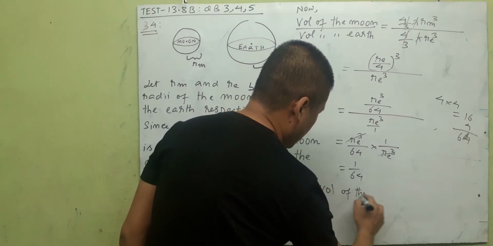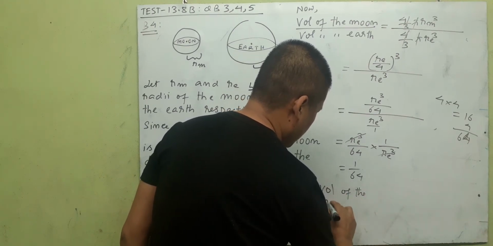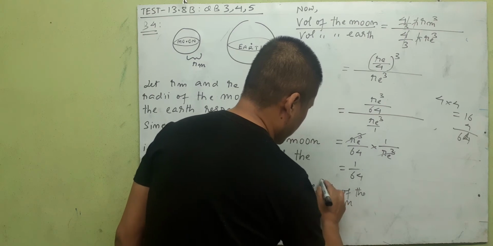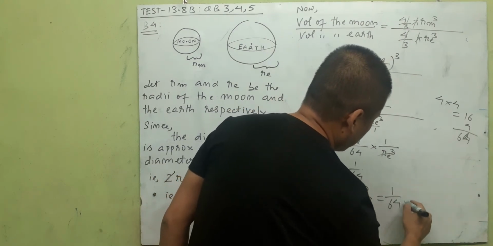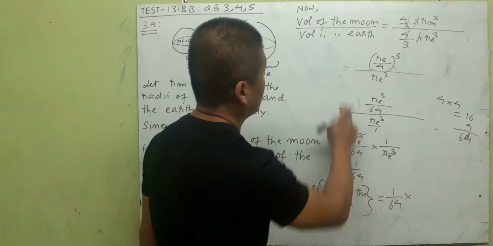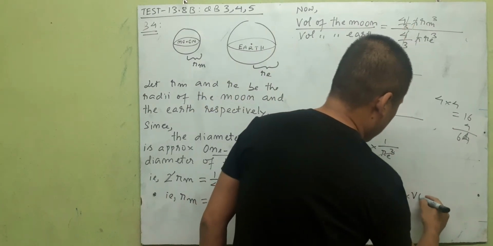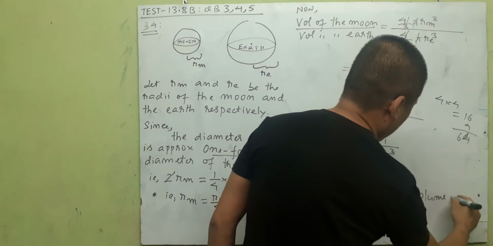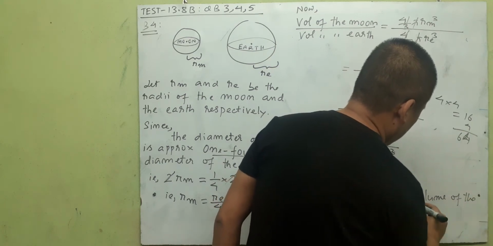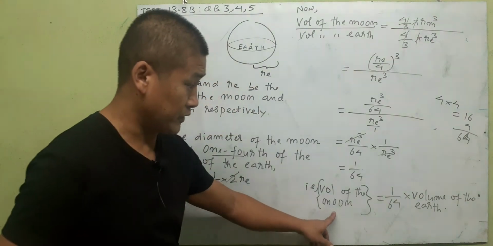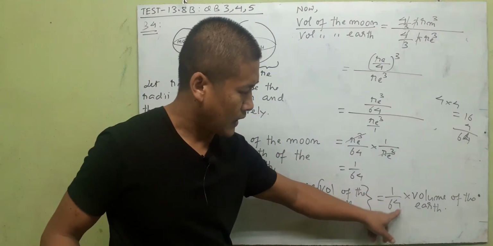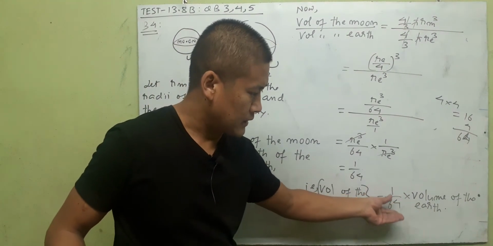Volume of the moon is equal to 1 divided by 64 times, or into, the volume of the Earth. So in other words, the volume of the moon is 1 divided by 64 times the volume of Earth, meaning 1 by 64 fraction.